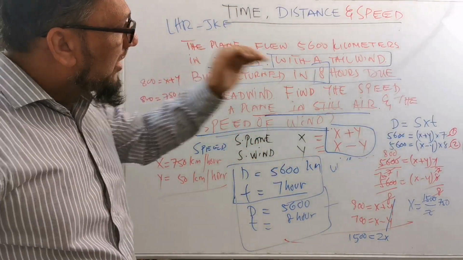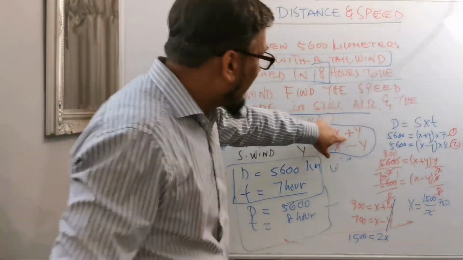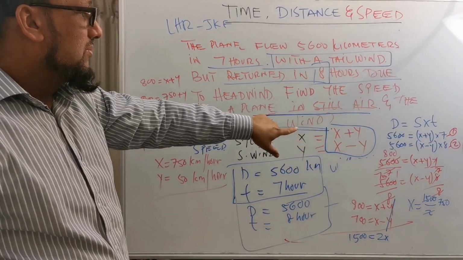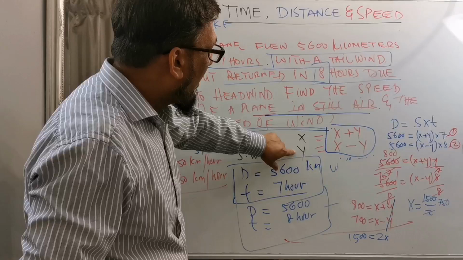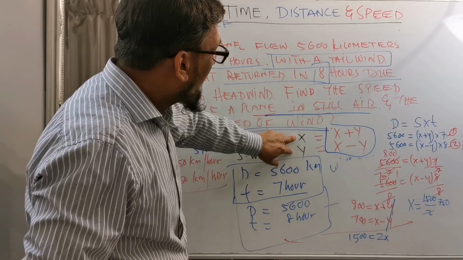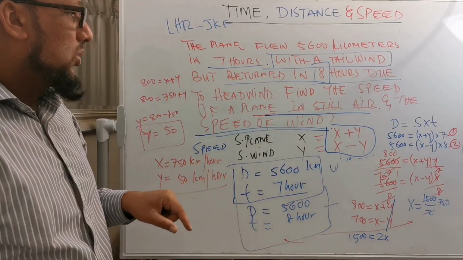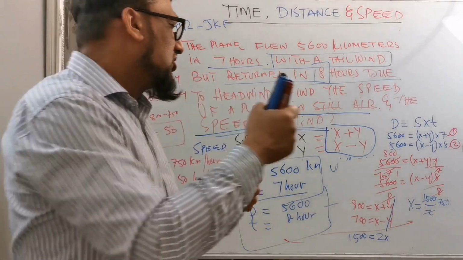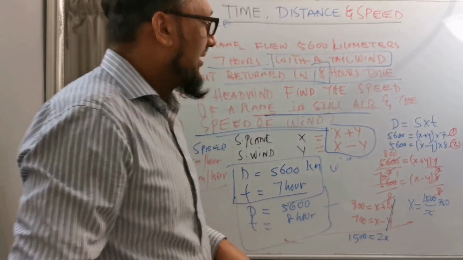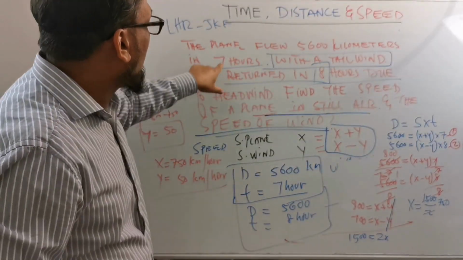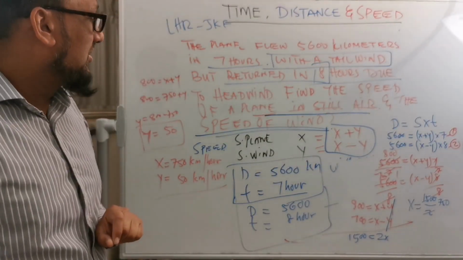If the plane is coming with a wind, I add, because the speed is x and the wind is y. It's coming with a tailwind, so the wind is pushing the plane, so I put x plus y. That's why the plane reached in 7 hours.